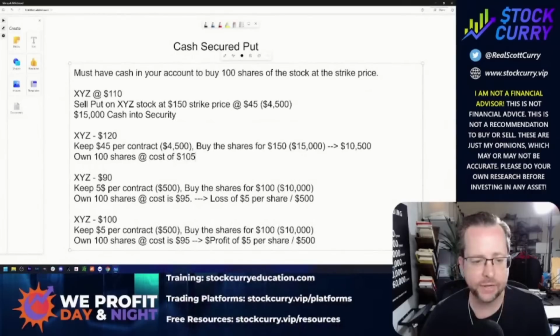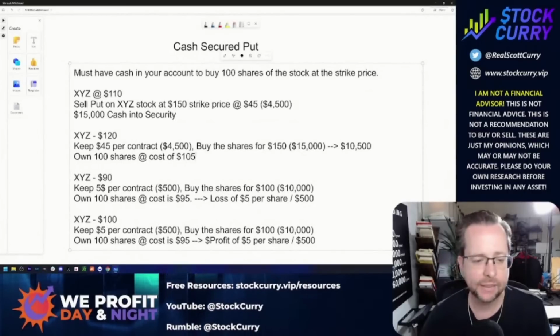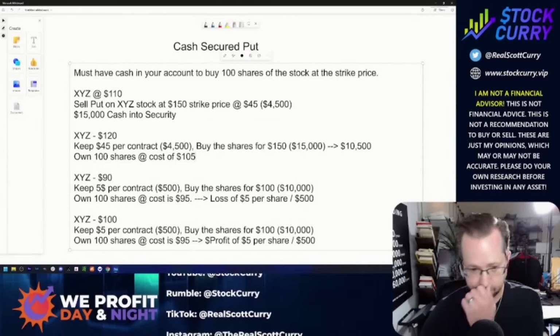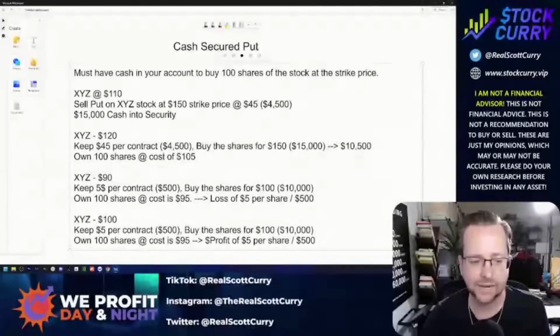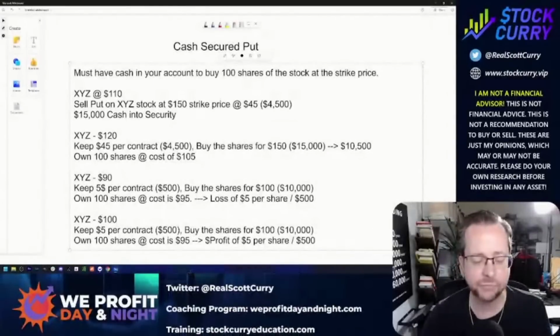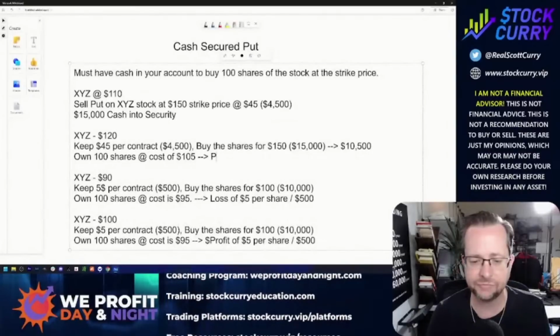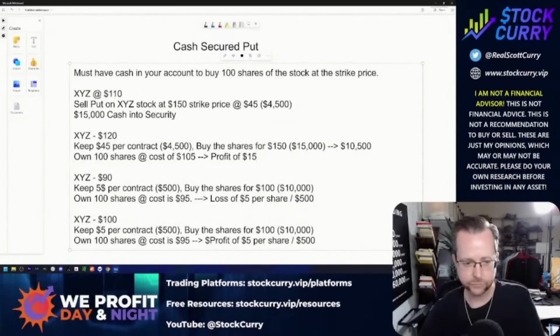If you had just bought the shares for 110 and they went up to 120, you'd be up 10. But because you bought the shares for 105 by selling this insanely high priced put option, you're up $15, right? So you have a profit of $15.